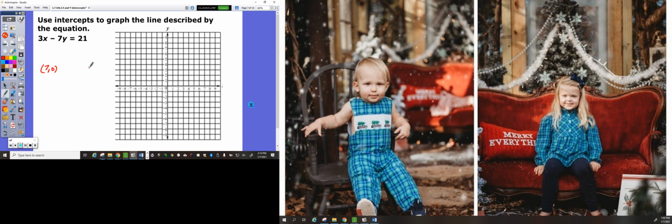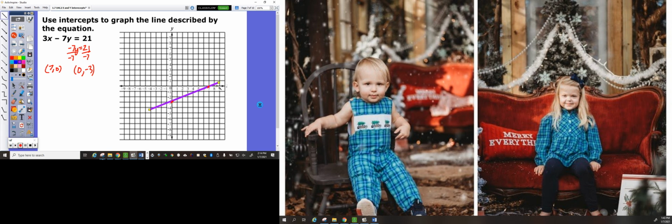Okay? Aiden, what's the y-intercept? Close. But if you cover up the x, you have -7y equals 21. So you divide by -7 and y equals -3. So we plot 7, 0, 0, -3. We graph the line. All right?